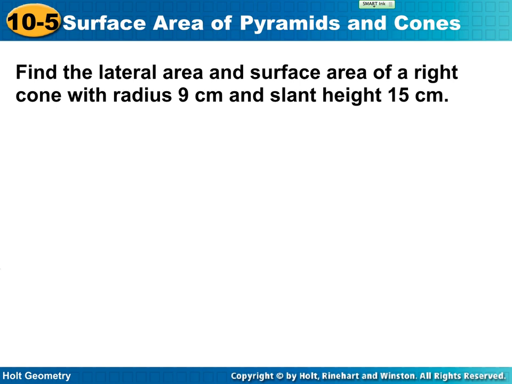Okay, draw yourself a cone in your notes there. Find the lateral area and then surface area. It's a right cone, so it's not tipped off to the side. It's nice, straight, perpendicular. The radius on the bottom is 9 centimeters. The slant height is 15 centimeters.